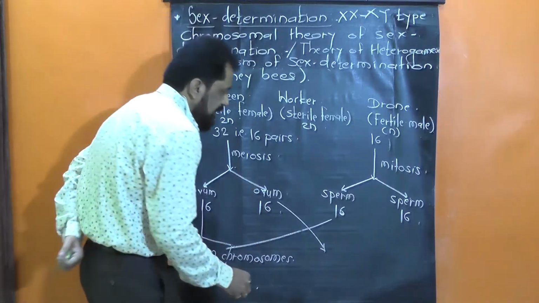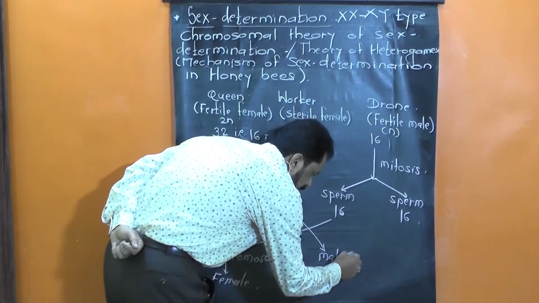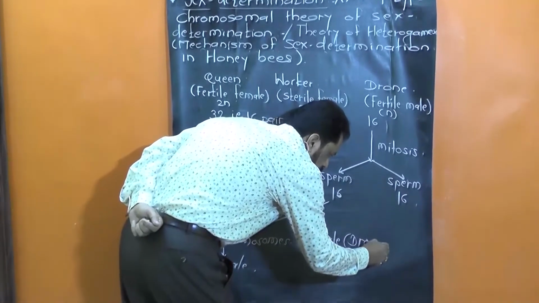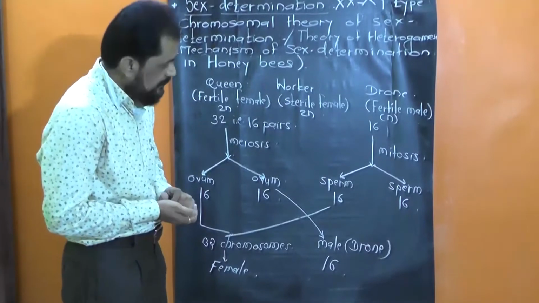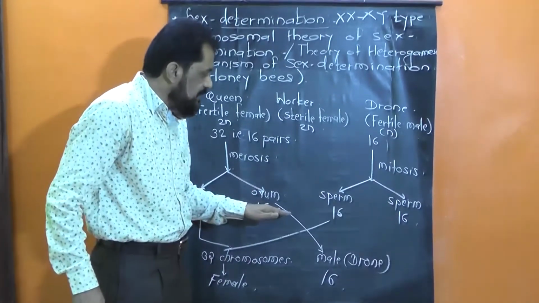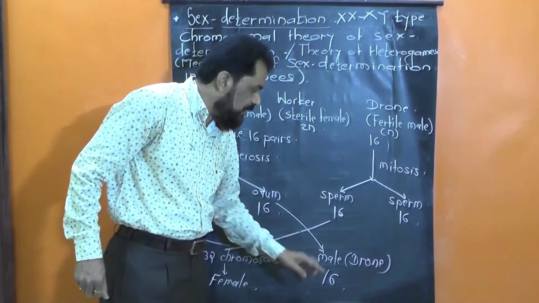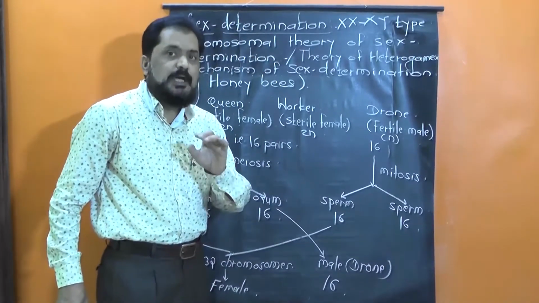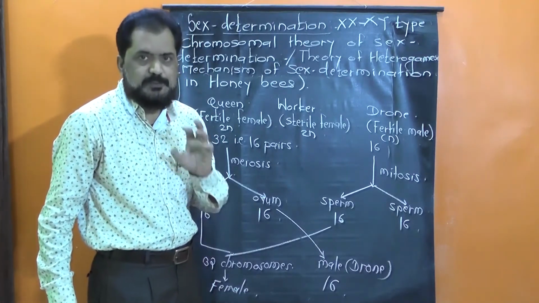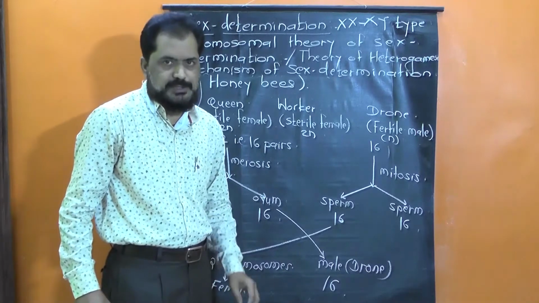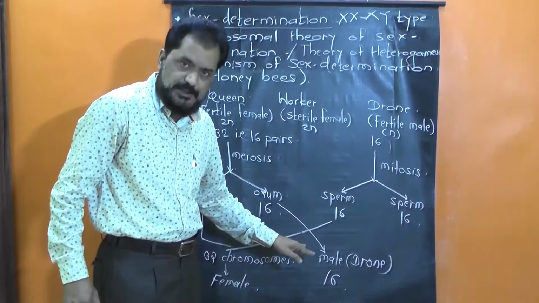unfertilized eggs, they develop into the male bee, that is drone, with 16 chromosomes. It means the unfertilized egg directly develops into the male individual without fertilization, and you know this process is called parthenogenesis, that is development of a new individual without fertilization.